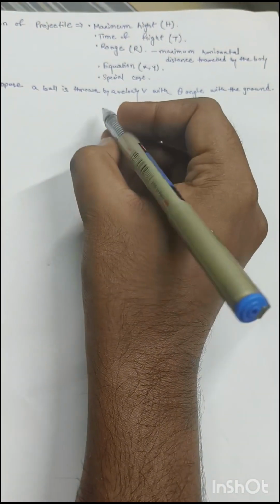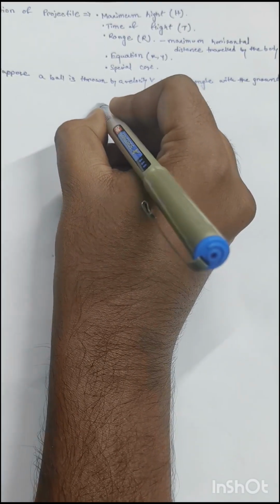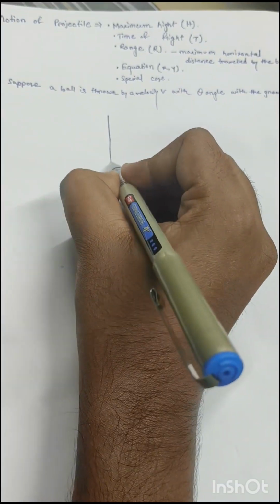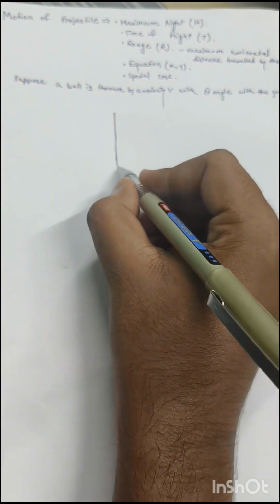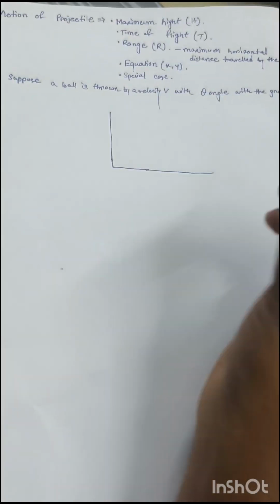Students, please follow how I draw the projectile. Suppose we throw from here and the projectile reaches the maximum height, then it descends and meets the ground at a point.